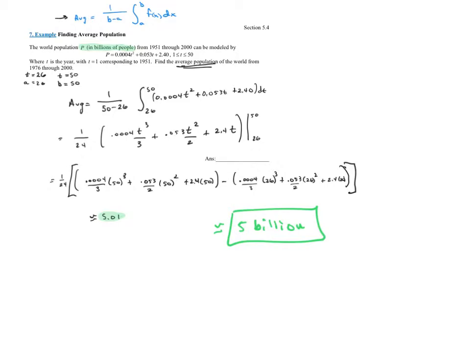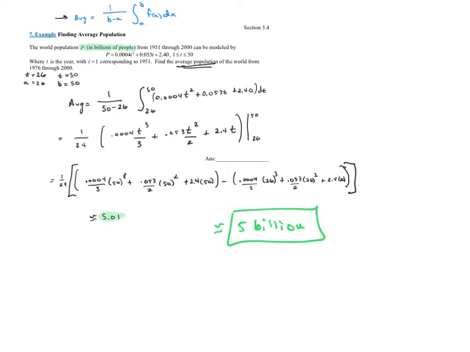Well, in 1976, the population was much lower than the population in 2000. So an average population here doesn't really mean anything. It doesn't mean each year the population was approximately 5 billion. It means if we added up the population of all of those years and divided it by the number of years, I get 5 billion.